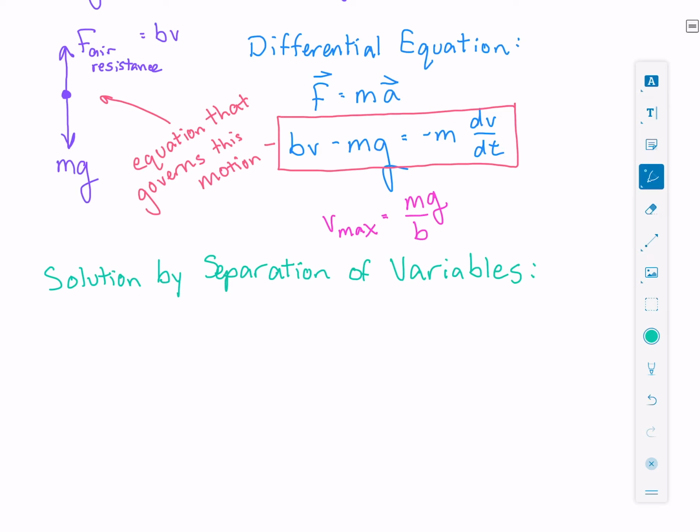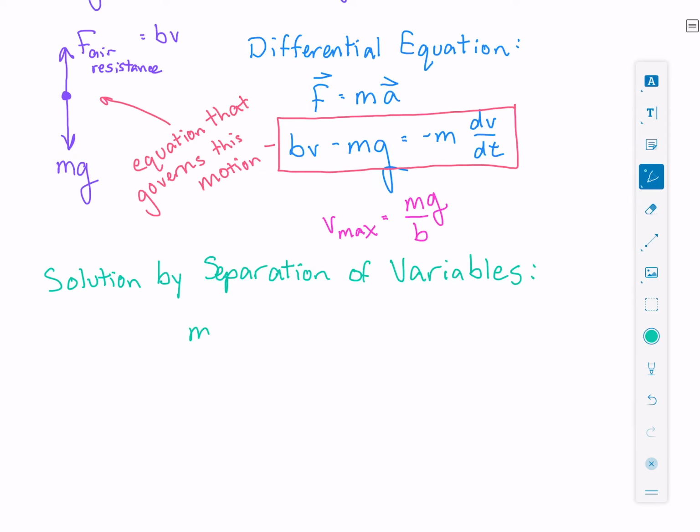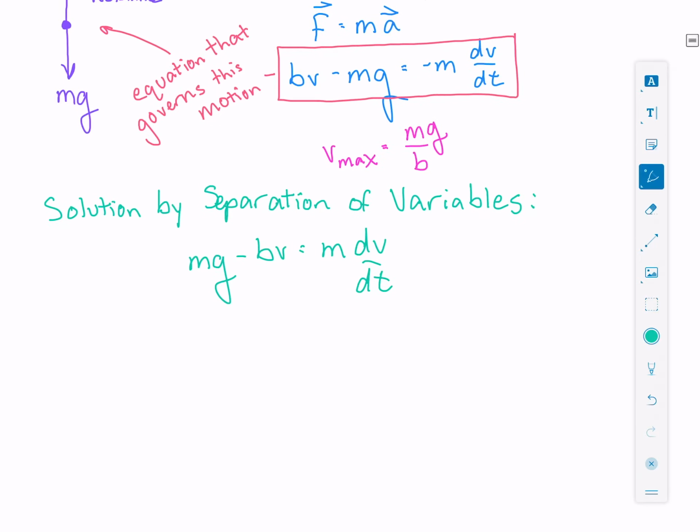Perfect. So let's rewrite what we started with, our equation that governs this motion, to get rid of the negative sign. So we can say mg minus bv is going to equal m times dv dt. All right, now I want to put anything that has a v on one side and anything that has a t on the other.